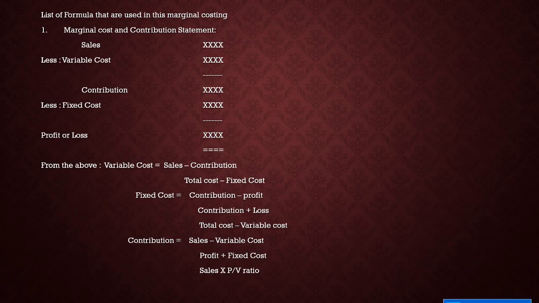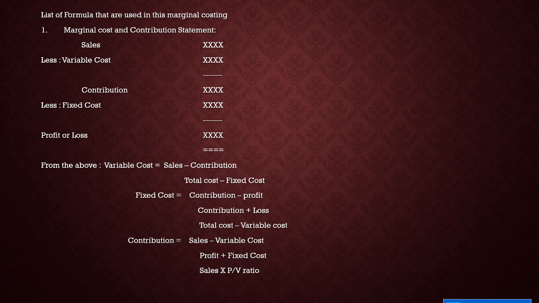Now let us see the list of formulas that are used in this marginal costing. The first, the marginal cost and the contribution cost statement. How is it found? Sales minus your variable cost will give you contribution. And if you reduce the fixed cost from the contribution, the remaining will be your profit.